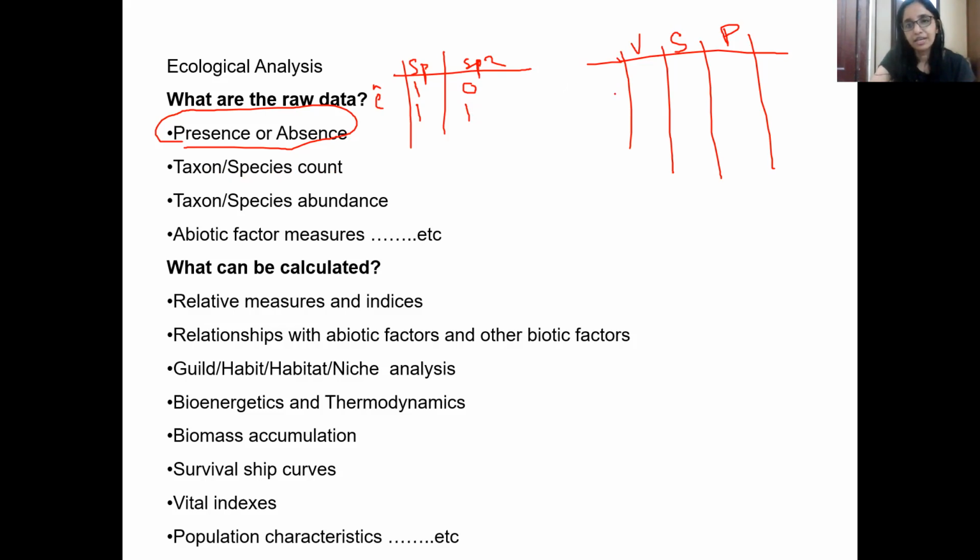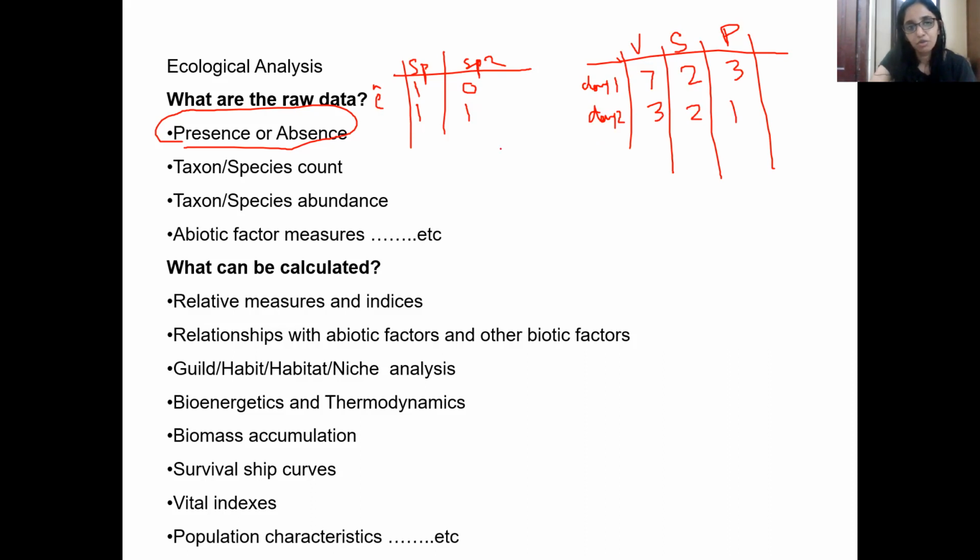So it could be like, say 7 species in Viyur, 2 species in Shaktan, 3 species in Puttur on day 1. On day 2, it is 3 species in Viyur, 2 species in Shaktan, 1 species in Puttur, something like that.